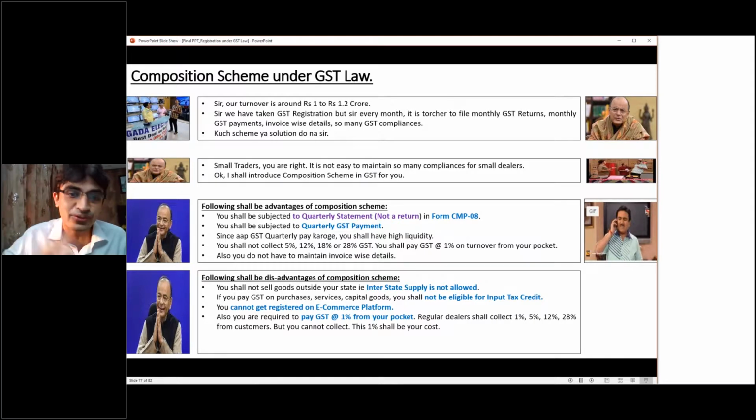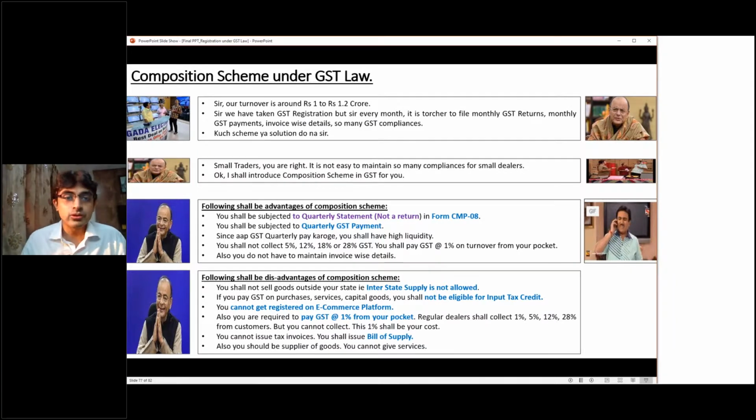I cannot collect from the customer. This is a 1% additional burden on me. What benefit did the government give? No benefit. Also, I can supply only goods, no services.